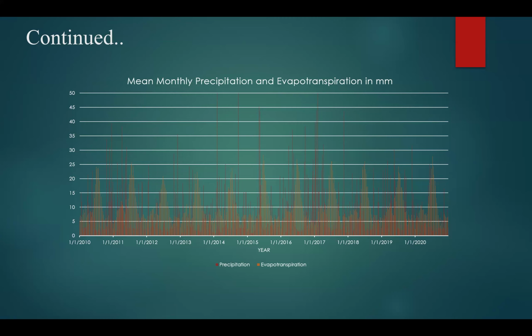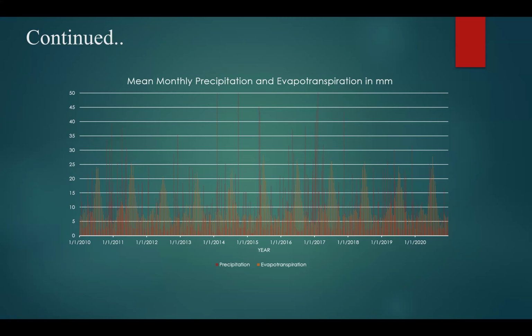The red one is the precipitation and the evapotranspiration is the orange one. It looks like the precipitation exceeded the evapotranspiration most of the time. In the water balance, we consider the change in soil storage and the runoff on the other side of the equation, so the water balance can be estimated by subtracting the evapotranspiration from the precipitation.